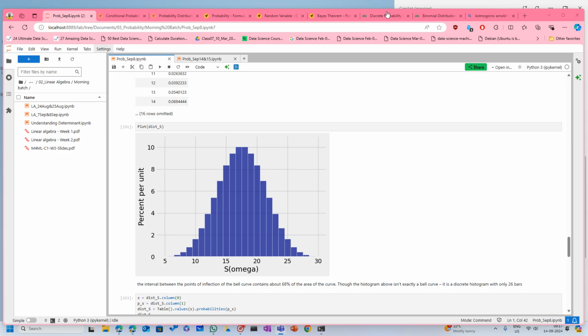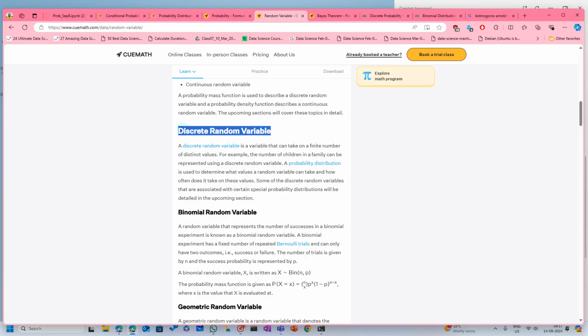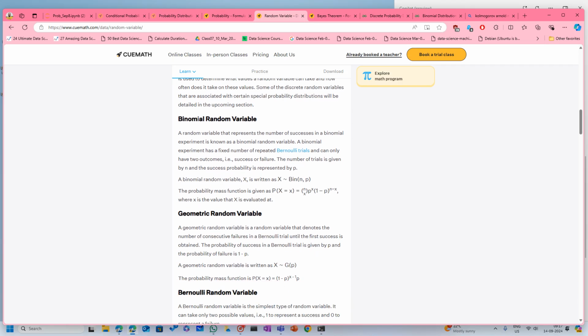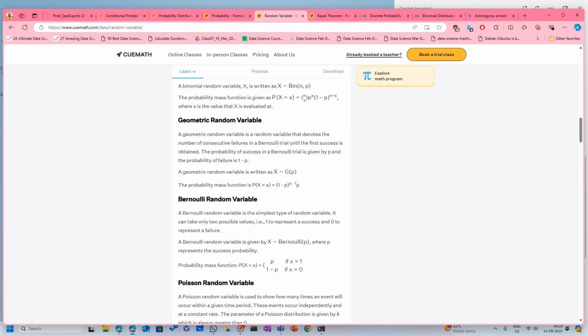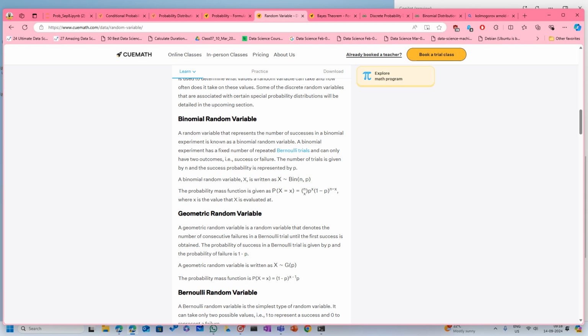Hence it exhibits four different types of distributions. One is called binomial distribution, geometric distribution, Bernoulli distribution, and Poisson distribution. Four different distributions.